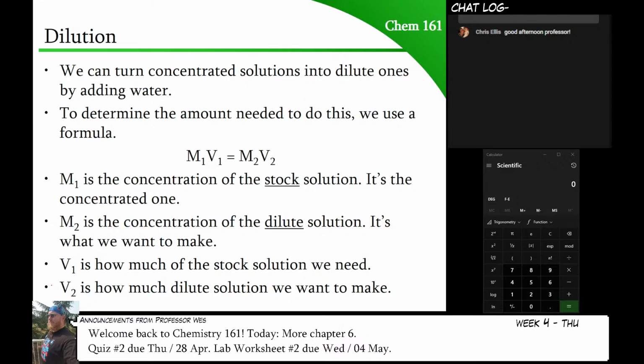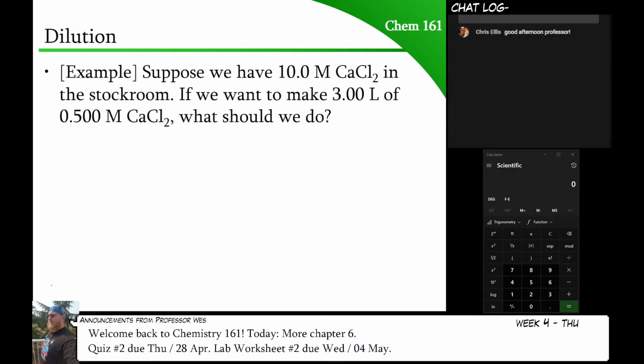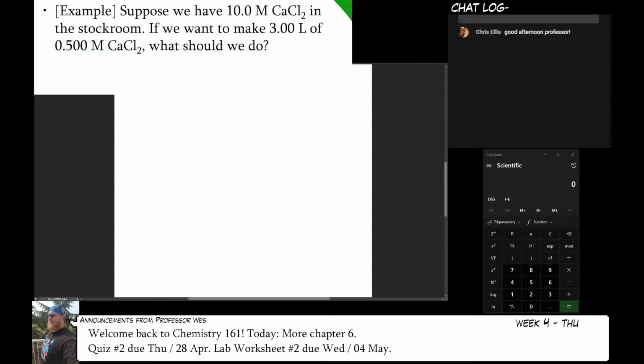So let's do an example. I want to make this solution, and I have 10 molar calcium chloride in the stockroom. What is the procedure that we should follow to prepare this solution for use in the lab?